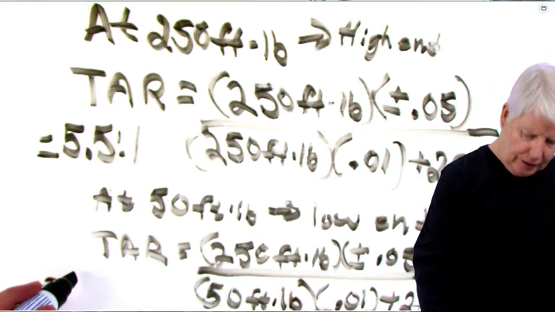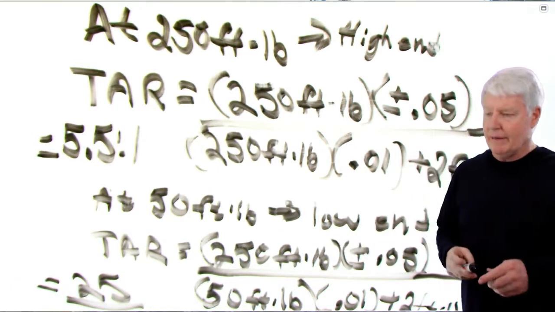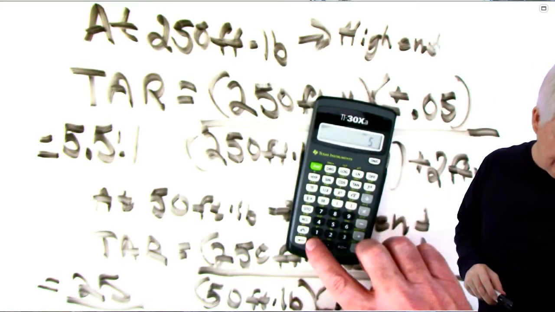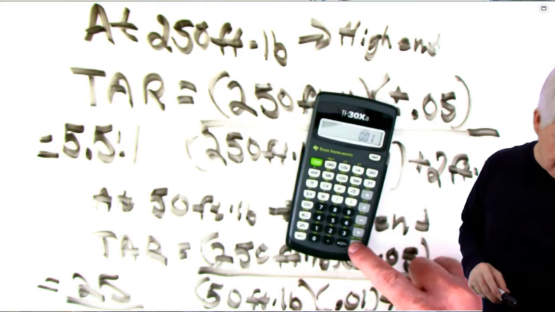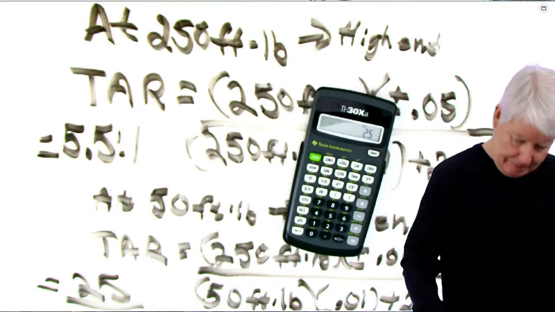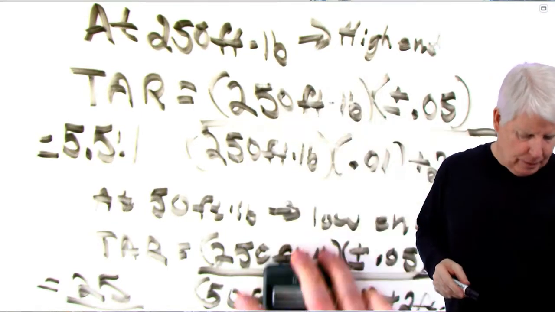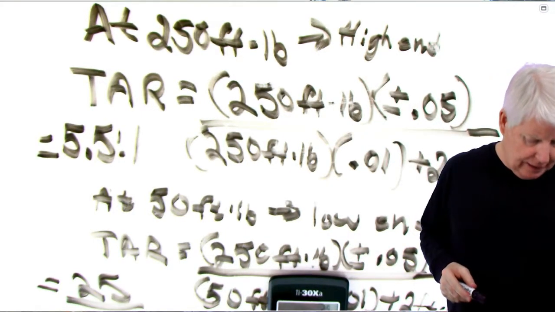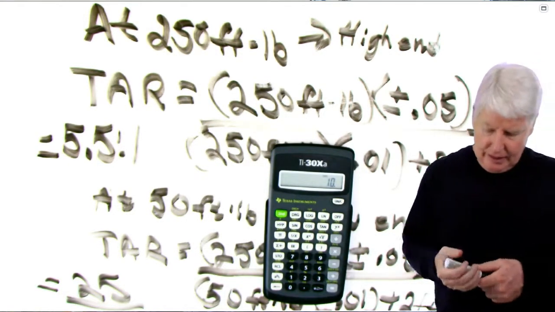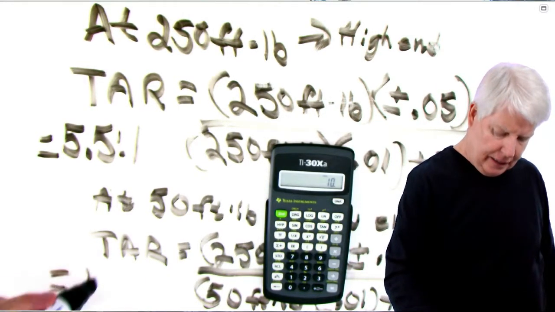It equals 25, divided by 50 foot-pounds times 0.01 equals 0.5, plus 2, and that gives us 2.5. Then we go 25 divided by 2.5 equals 10. So this is 10 to 1 on the lower end of the reading, 10 to 1.